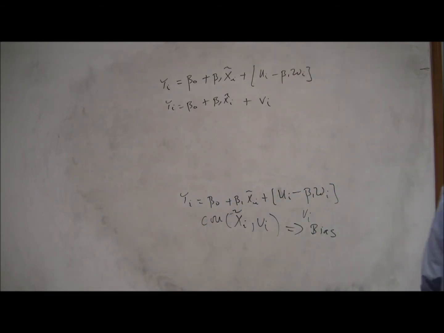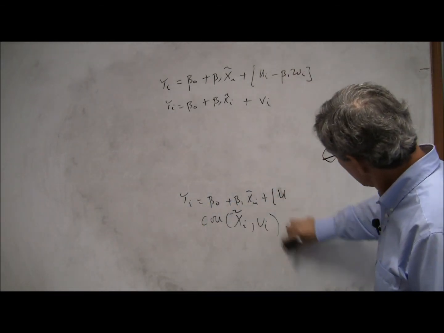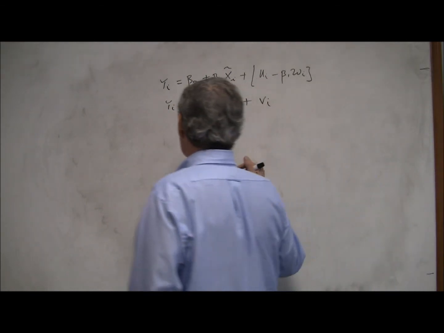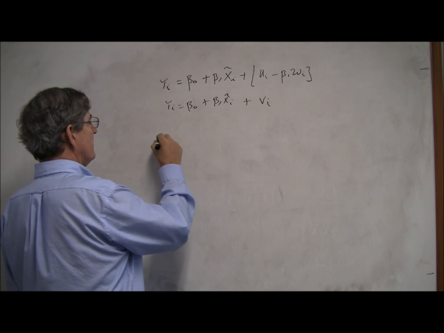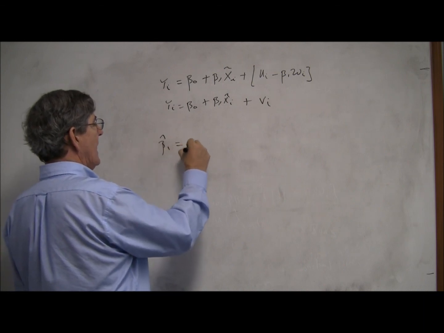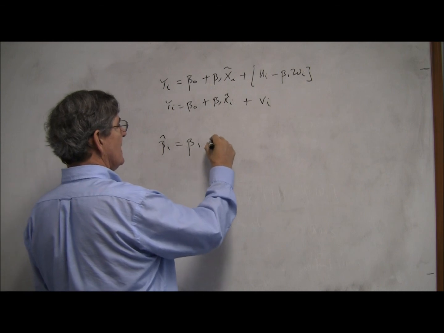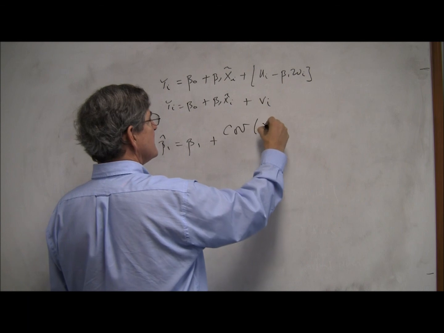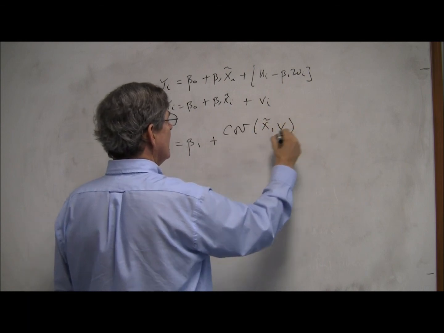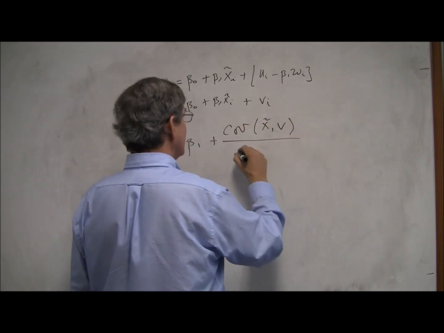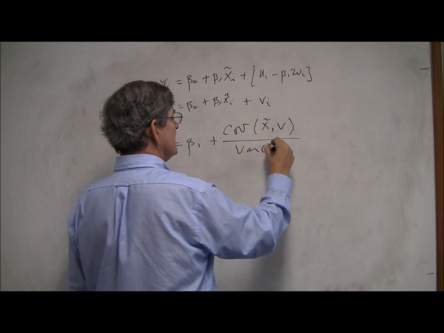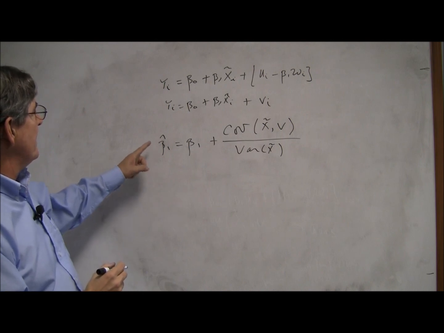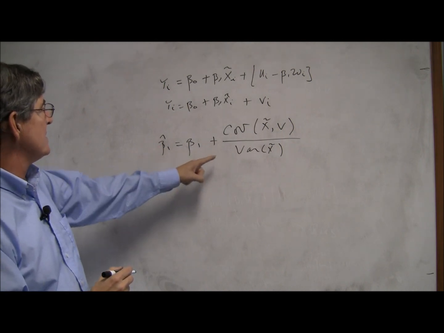Now earlier we learned that you can always write beta 1 hat as beta 1 plus the covariance of x tilde and v over the variance of x tilde. This is what happens in large samples.